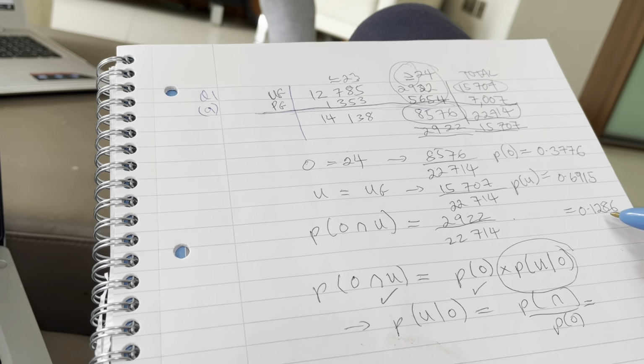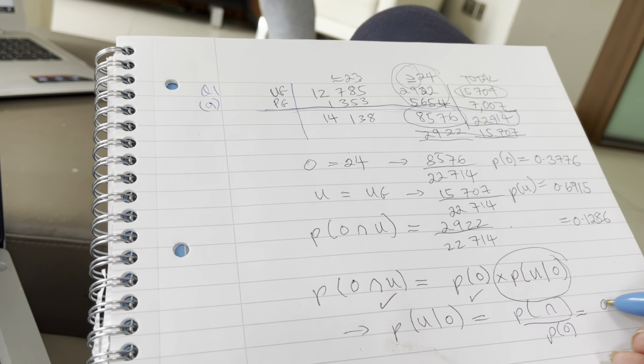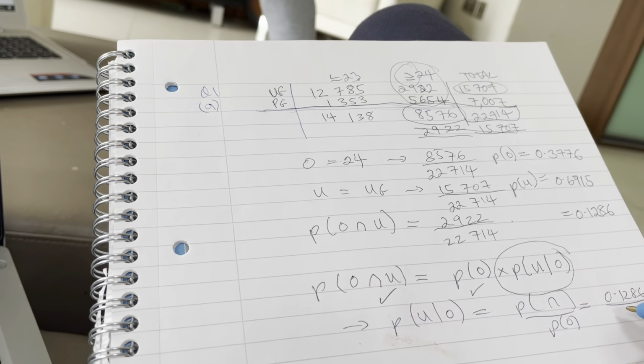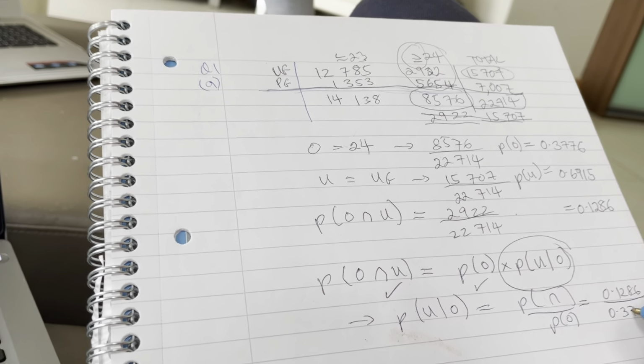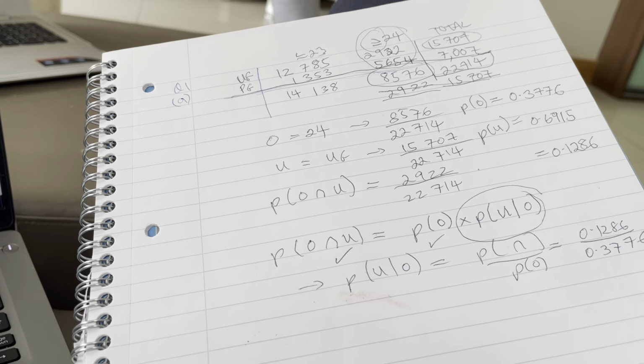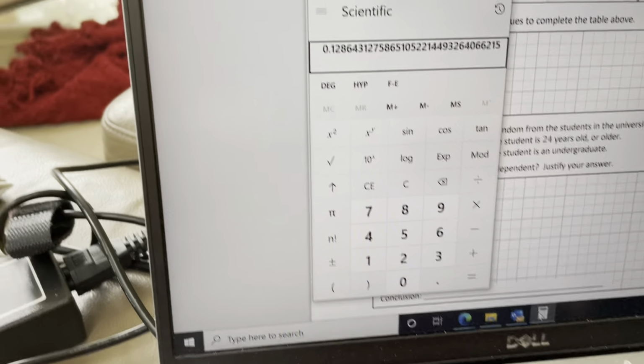So the intersection one, 0.1286, divided by P of O, 0.3776. So what's that going to be? About a third. Going to be about 0.3, but let's have a look.